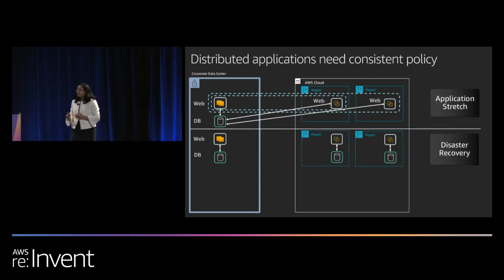Then across the board, we see enterprise customers using cloud as a disaster recovery site. In a disaster recovery site, the application deployment pattern typically is the same application stack gets replicated between your on-prem and the cloud site.